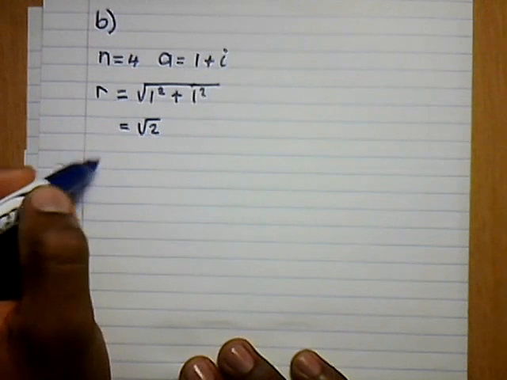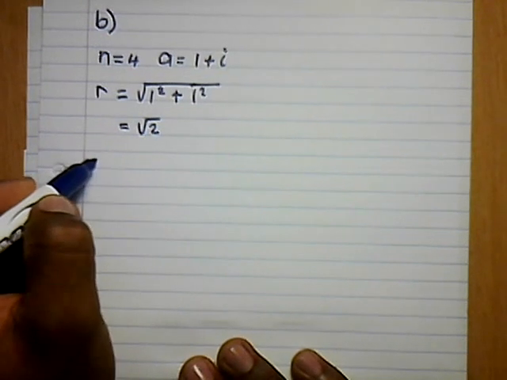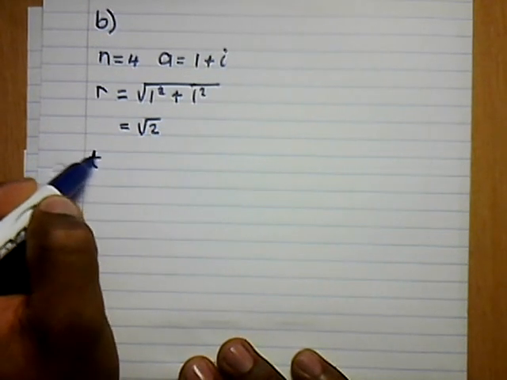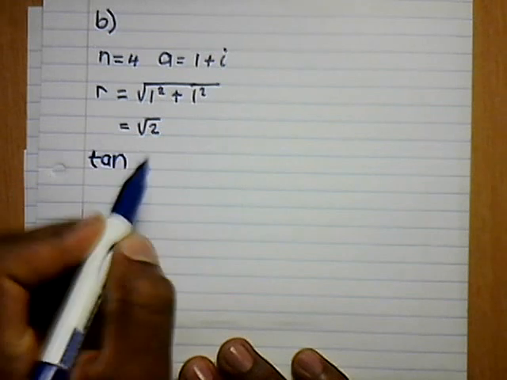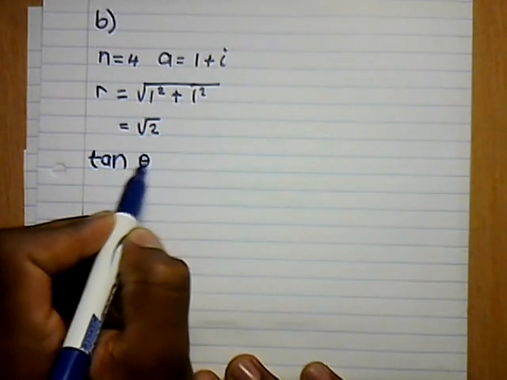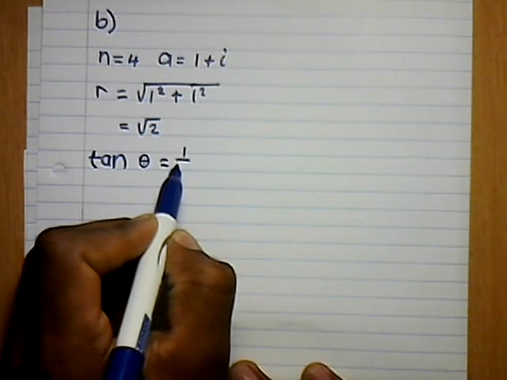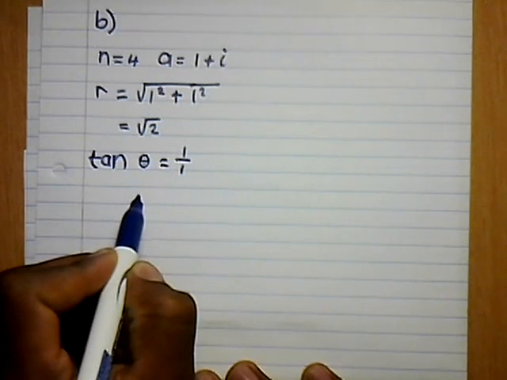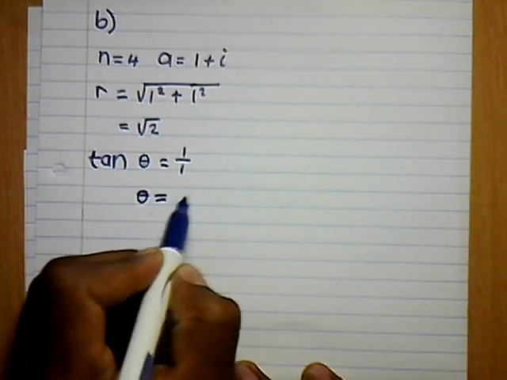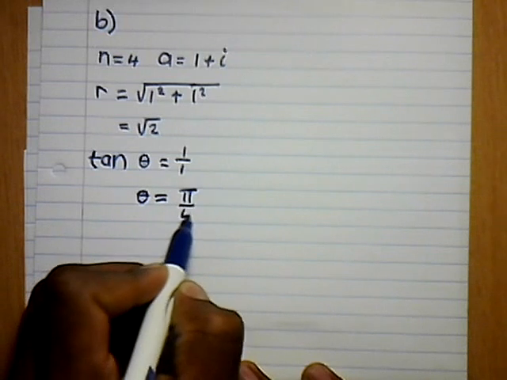Now finding the argument of a, tan of theta is y divided by x, which is 1 divided by 1, and we find that theta is equal to pi over 4.